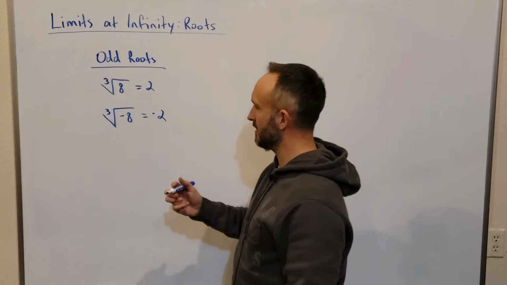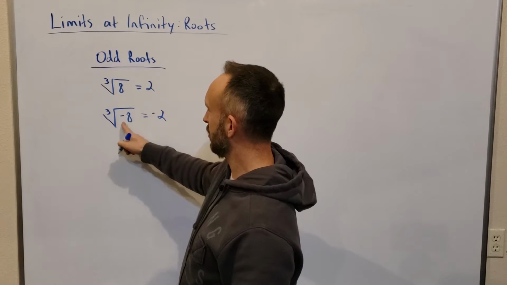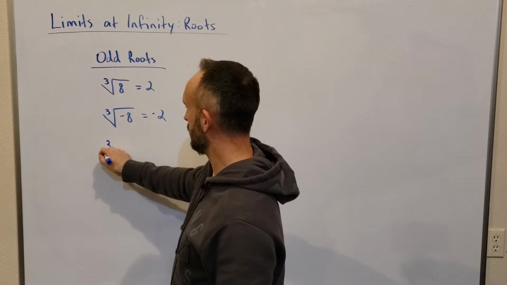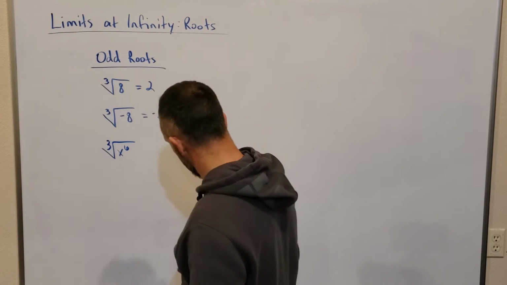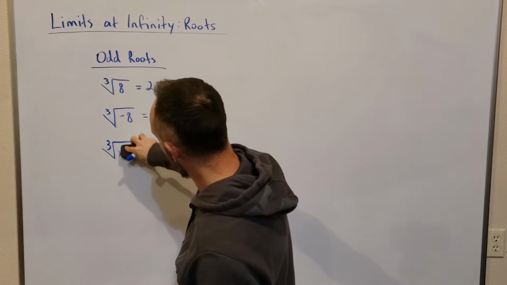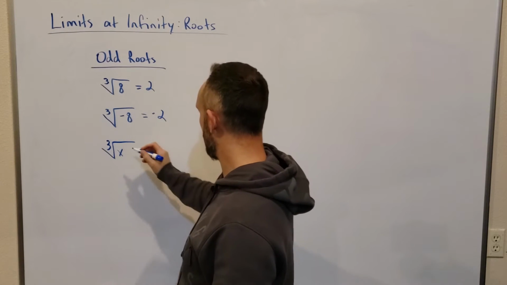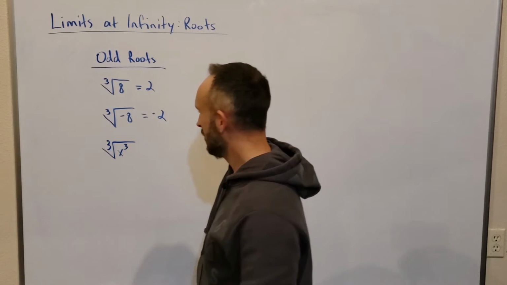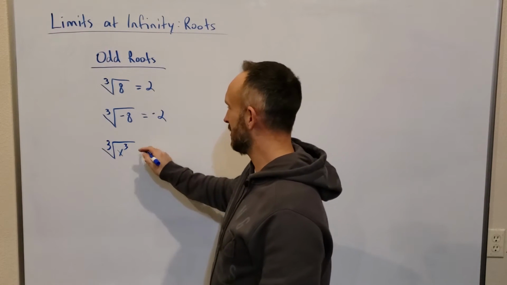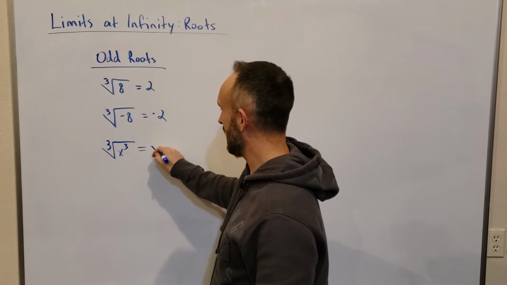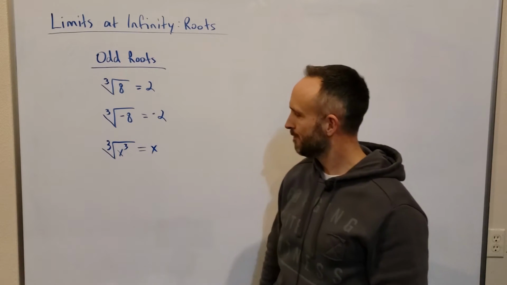So the nice thing about this is when you get to variable radicands, for example, if you have the cube root of x to the third power, let's do that first. The cube root of x to the third power, well, it behaves exactly like you would expect. The cube root of x to the third is just x, no problem, it's that straightforward.